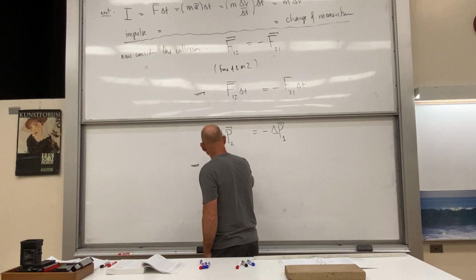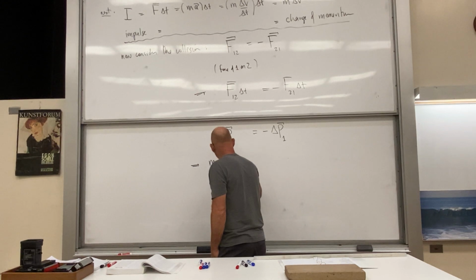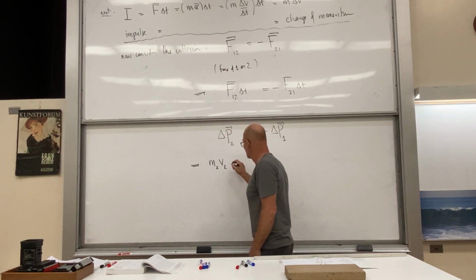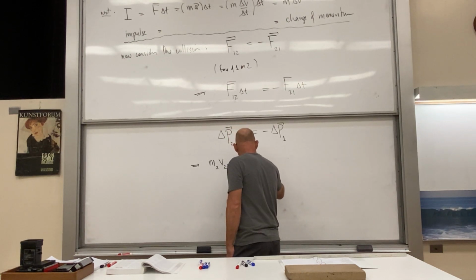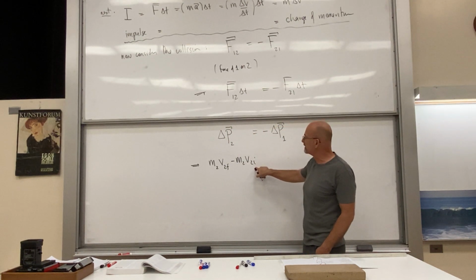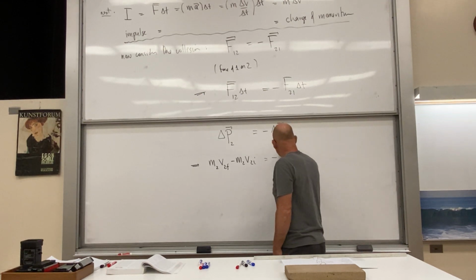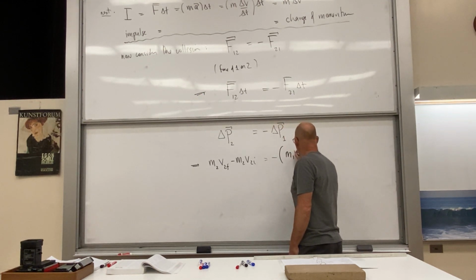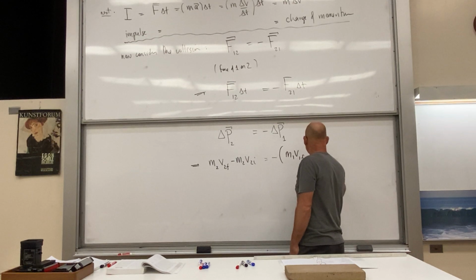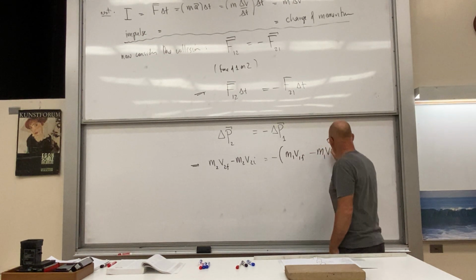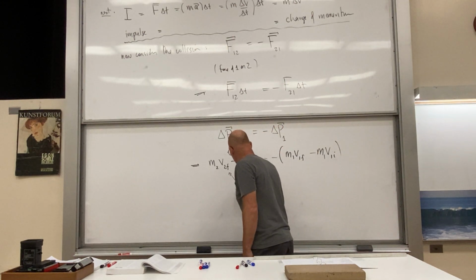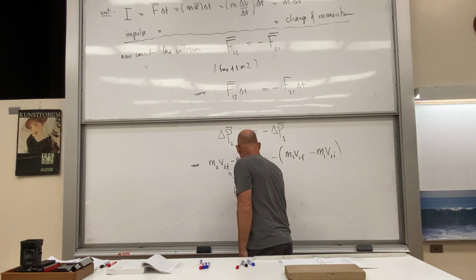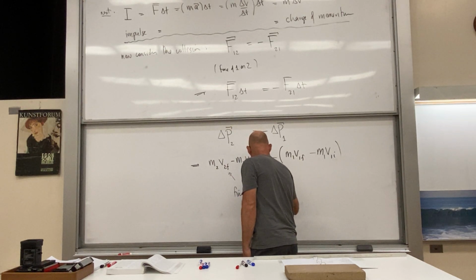Now we have change of momentum. We have m2 v2 final minus m2 v2 initial, equals minus m1 v1 final minus m1 v1 initial. So final and initial. I'm going to change that in a bit, but right now we'll start with that.